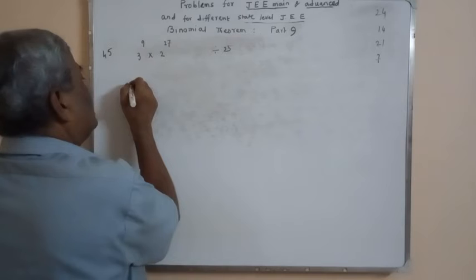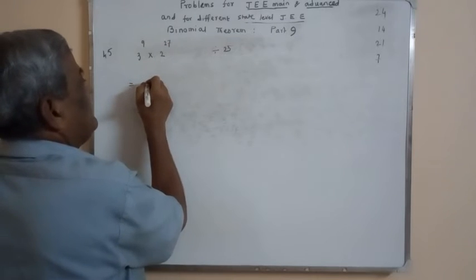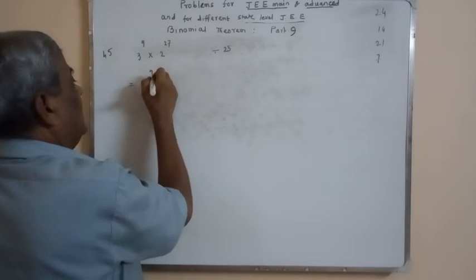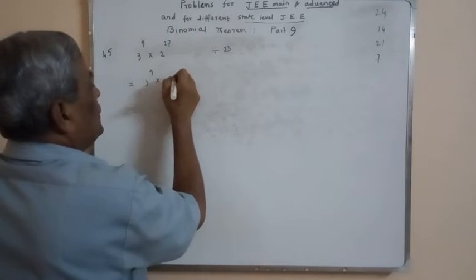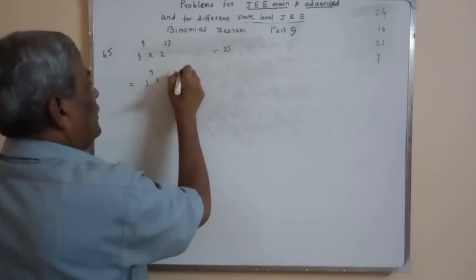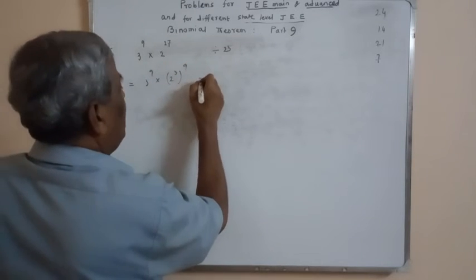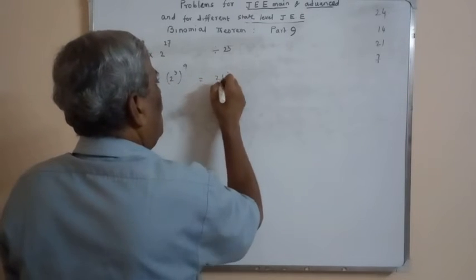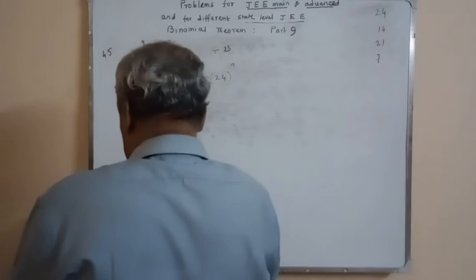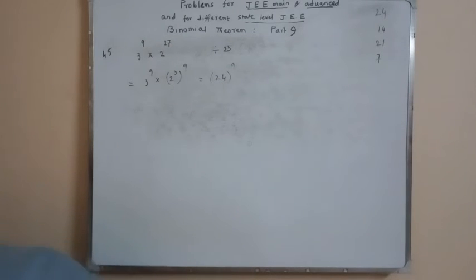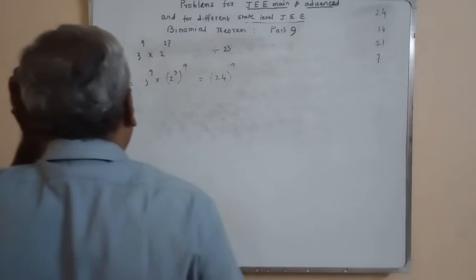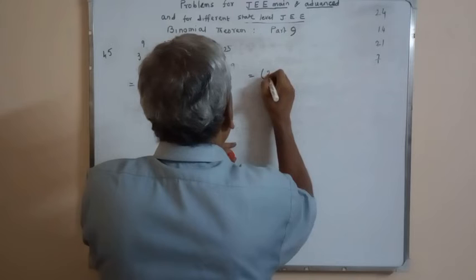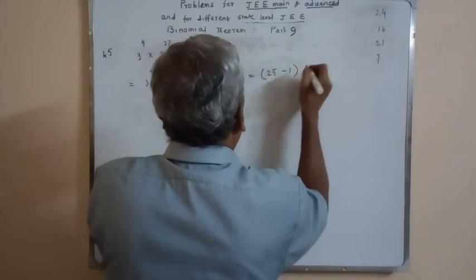Now this can be written as 27 to the power 9 is 3 to the power 9, into 2 cube, that is 8, that also to the power 9. So that is equal to (8 into 3) 24 whole to the power 9. Can be written as 25 minus 1 whole to the power 9.